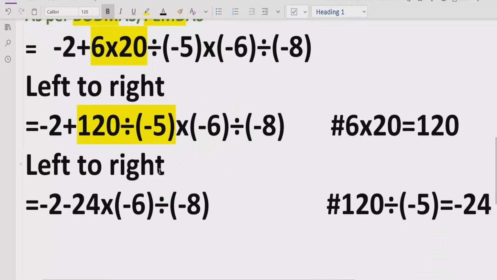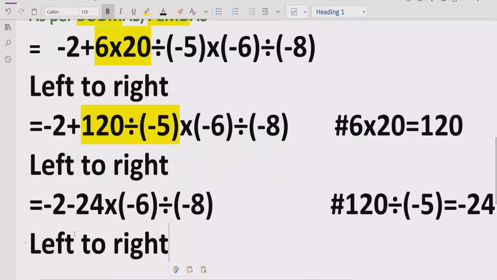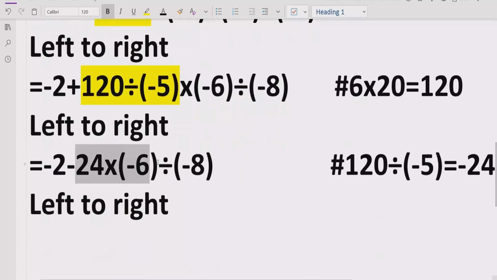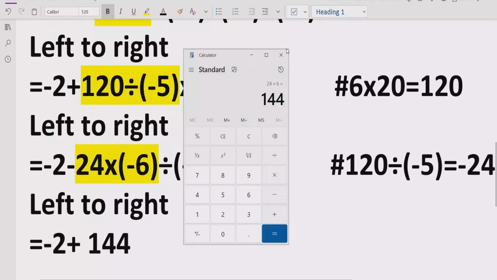Okay, now move forward. Again, we go left to right and find out which is coming first. Now we have this multiplication. So we write minus 2, and here we have a minus sign, and here we also have a minus sign. So minus times minus is plus. And we multiply these two terms, 24 times 6, which is 144.